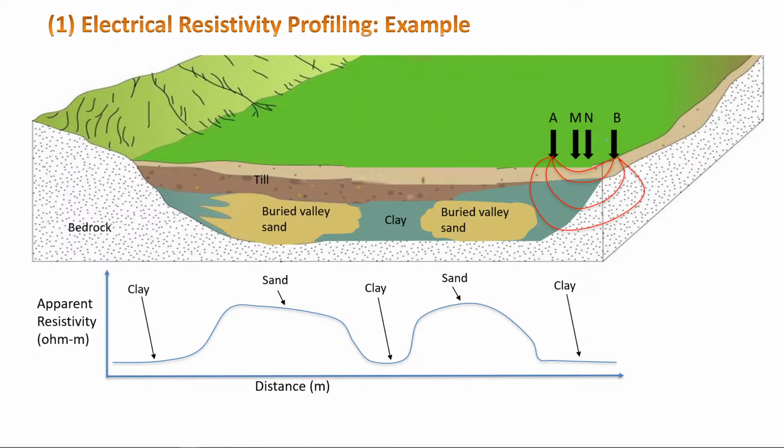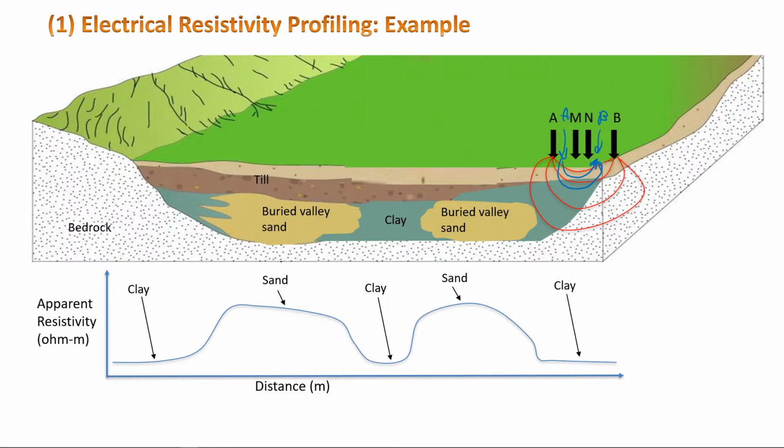So if I want to get a shallow depth, I put them at a smaller distance. If I want to go deeper, let's say I put this here and this here, then I will be going deeper. Versus if I put A here and B here, then I will be going shallower.